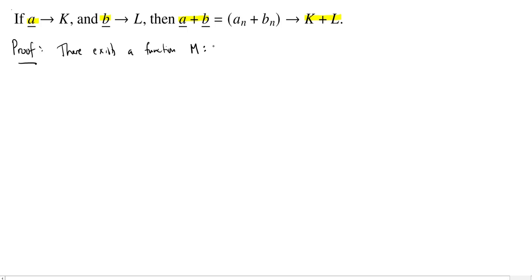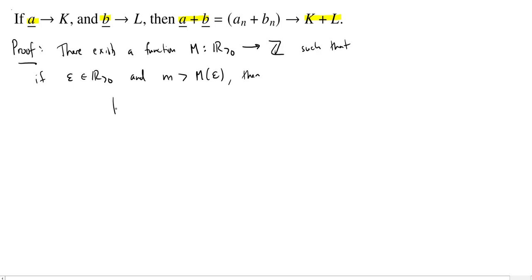So this is some function m, which for every positive real number gives you an integer, that's our eventually number, such that if you have some positive real number epsilon, and if you go past, let me use a little m there, if you go past the eventually number for epsilon, okay, so the output of this function m, so you go that far out in the sequence, then the difference between all of the terms in the sequence A, which are past the eventually number, and this proposed limit k is less than epsilon.